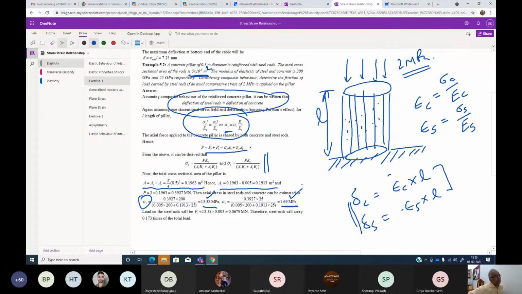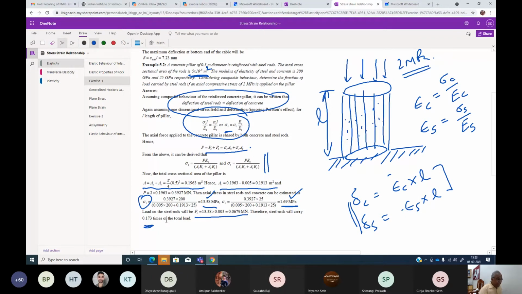So the rod carries the load. If you change to the load, in meganewton, it is about 0.173 times of the total load.